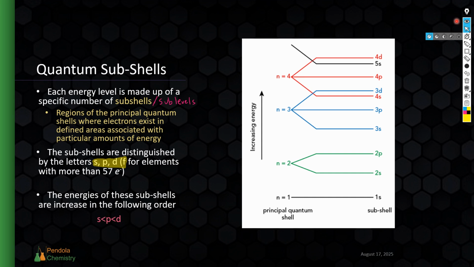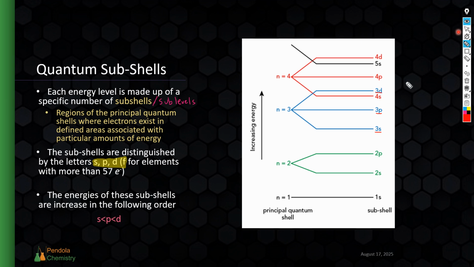So for example, if we look here, the S sublevel in the third energy level, we call that 3S, third energy level, S sublevel, has less energy than the P sublevel in the third energy level, so 3P, and that has less energy than the D sublevel in the third energy level, or 3D.